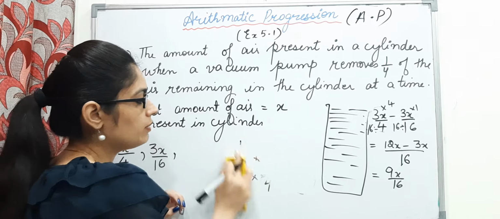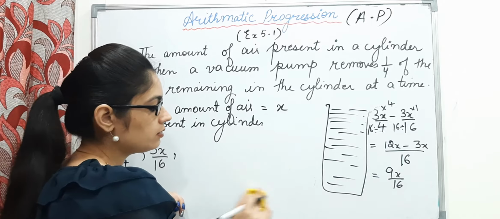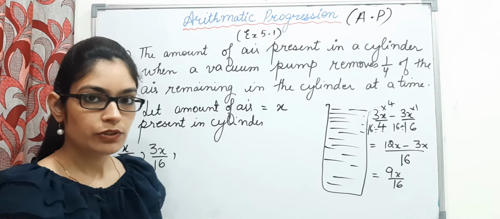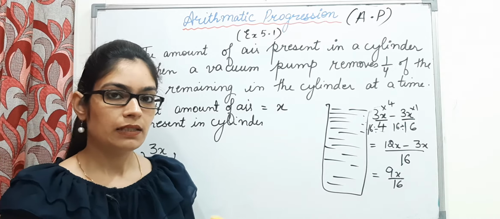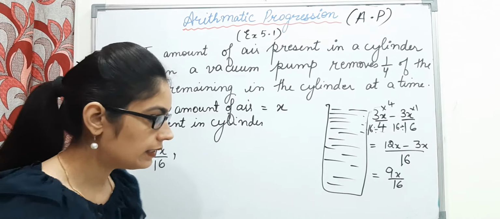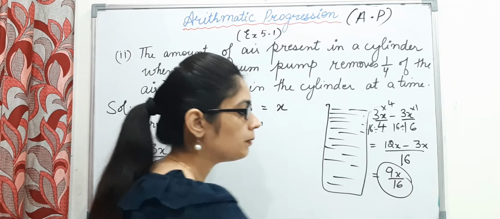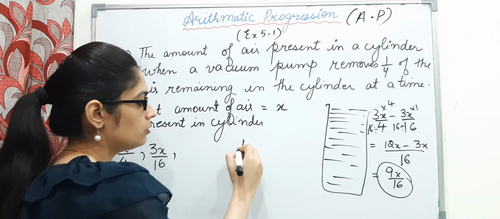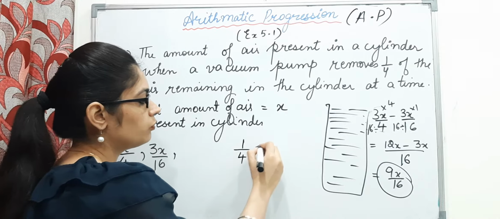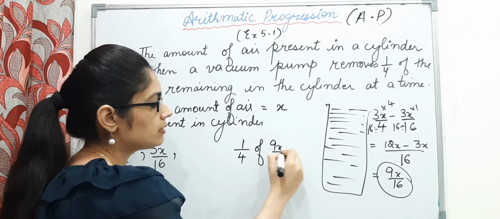So again we have to find how much air is removed. The air which is removed at every step is 1/4 of the present air. Now 9x by 16 is the present air, so the air removed will be 1/4 of 9x by 16.